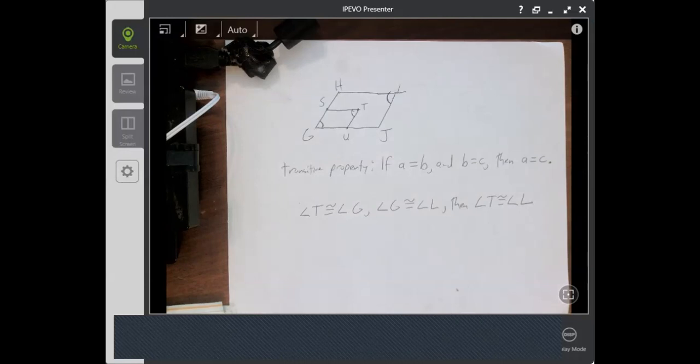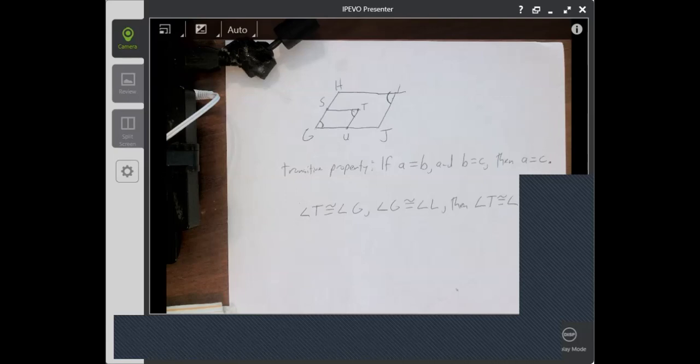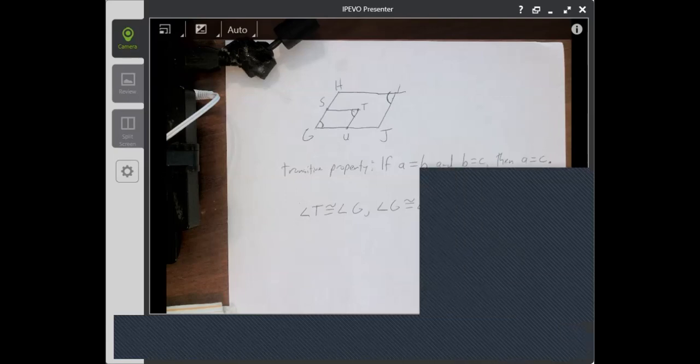Okay. Apparently Kaylee can't see the whole thing.